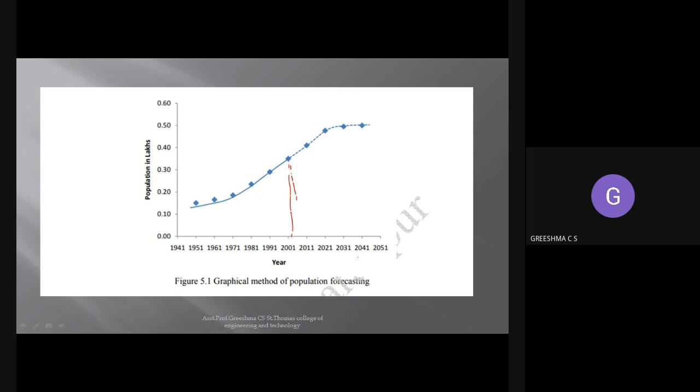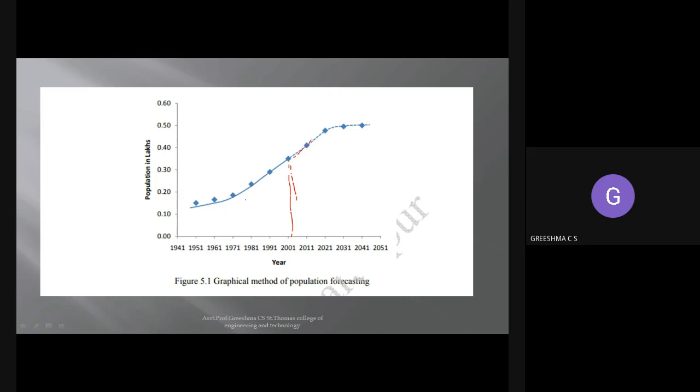Here in the graphical method, the person has to be very skilled and experienced, because we are finding the population on an estimation. From 2001 you will just extend the graph in a similar way. You will see the previous graph growth, how the graph is going, how the population has been increasing.